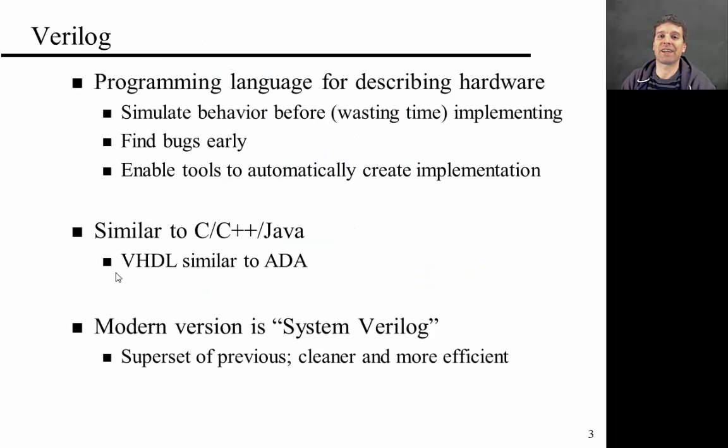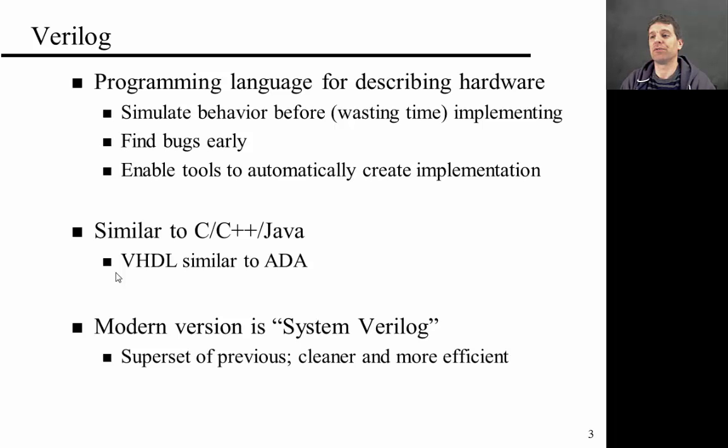So this lecture really is about Verilog. Verilog is, as I said, a programming language for describing hardware, and it allows you to simulate behavior before you're wasting time implementing something that might be wrong. It allows you to find bugs early. And it also enables the tools to automatically create the implementation of the circuit that you want.